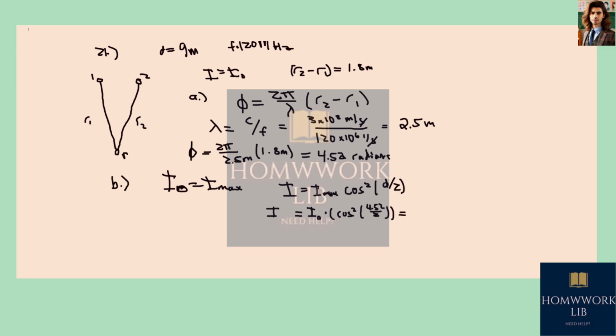And this, finally, plugging into our calculator one last time, gives our answer of 0.404 I naught. So there's our answer for A, which we use in finding our answer for B. Perfect.